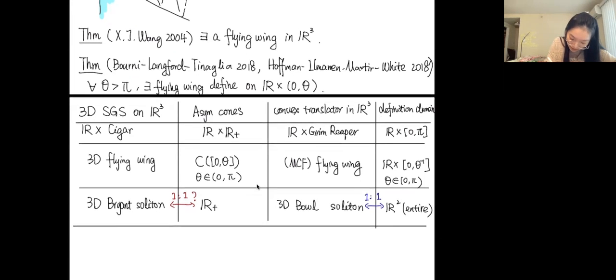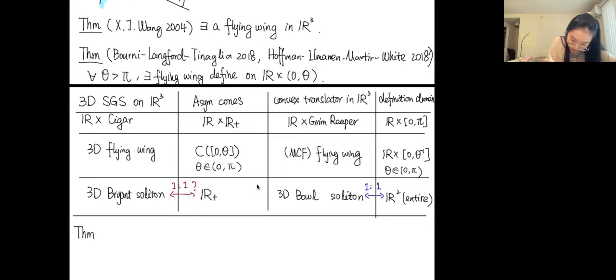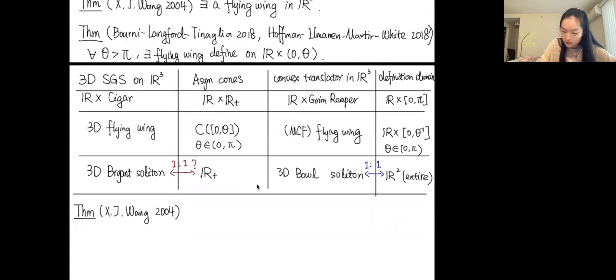This is a theorem by Wang Xujia in 2004. He showed that there is indeed an invertible relation between these two.